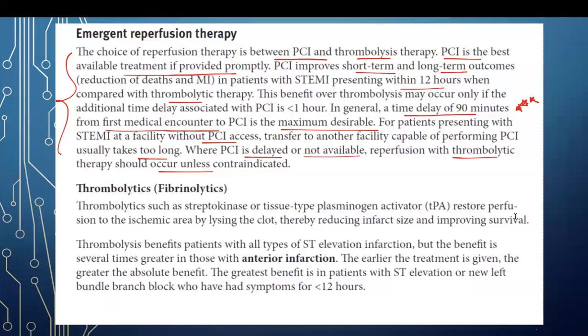So when the patient comes within 12 hours, PCI is the goal because it's going to save the patient's life. But after 12 hours, you would not do it as urgently as you would if the patient comes within 12 hours. The patient will get the same kind of treatment, but on a non-urgent basis.